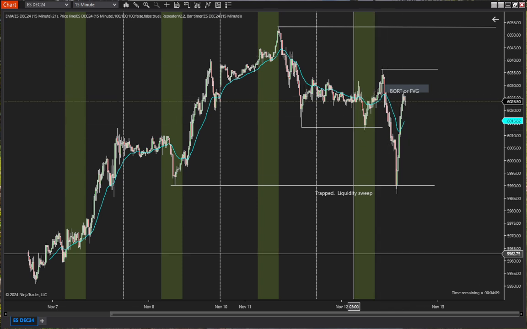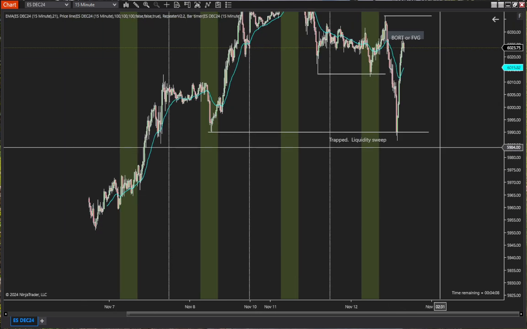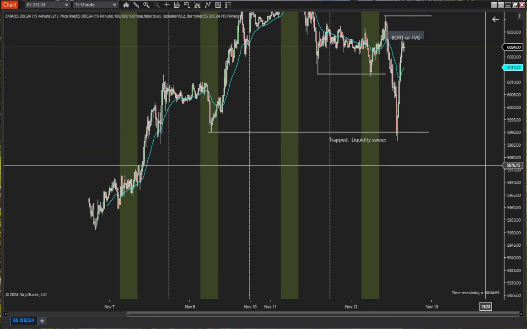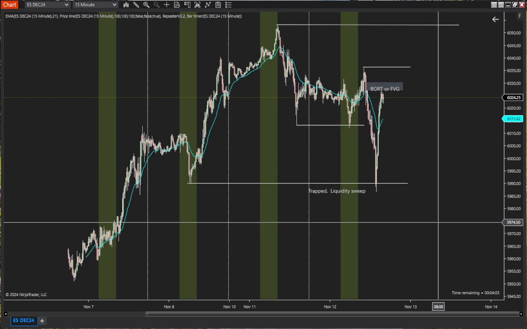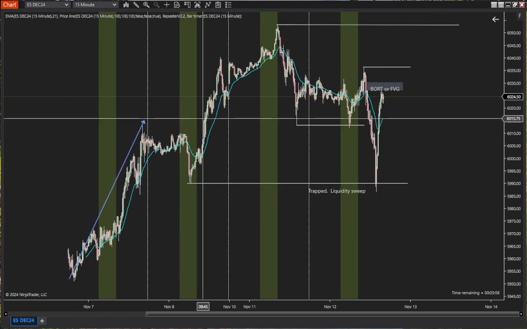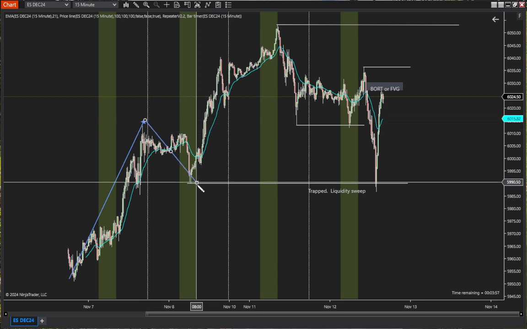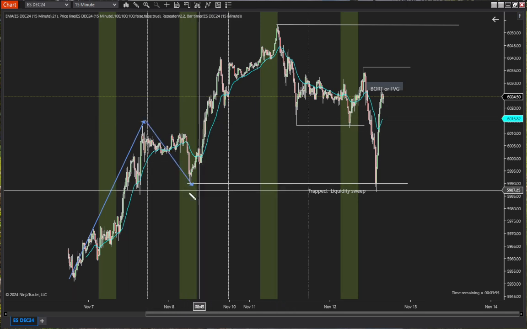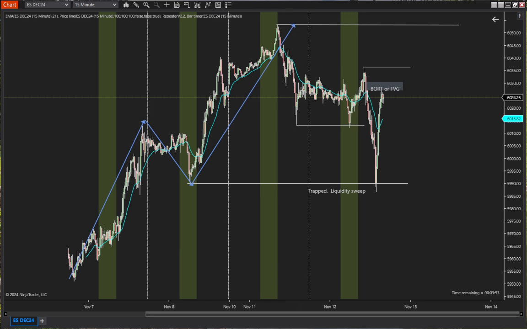On top of that, why does this liquidity get swept? The best reason is you have a 5-minute time frame structure here. Does the market trade based off of only 5-minute structure?